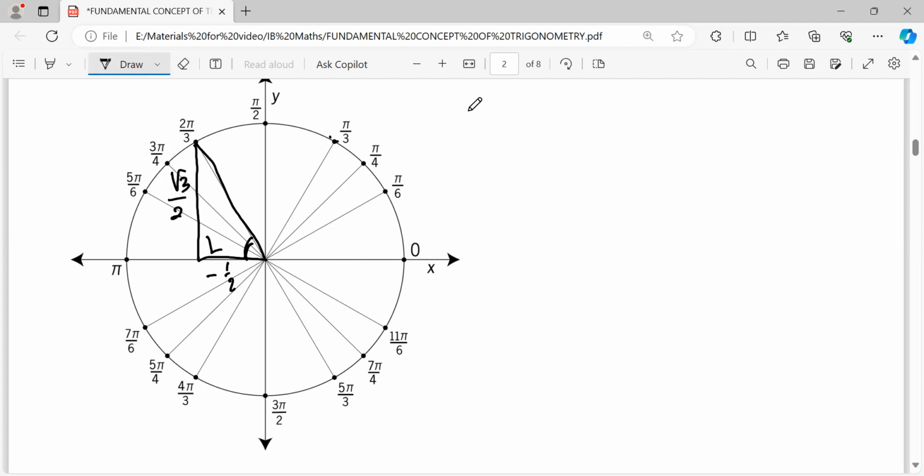Okay, so sine 2 pi over 3 equals square root 3 over 2 over 1, square root 3 over 2.